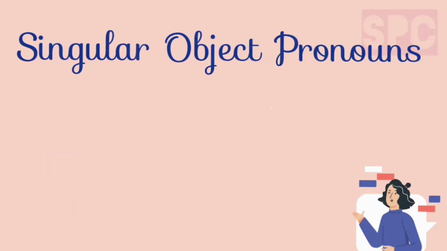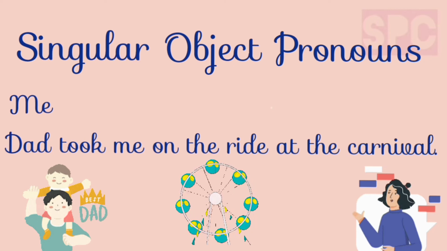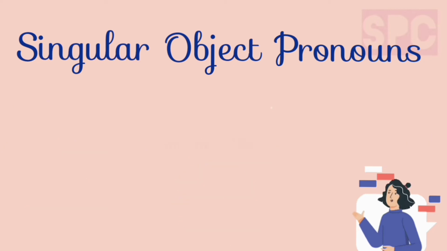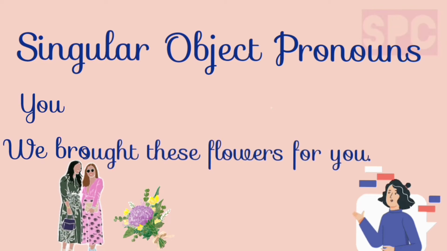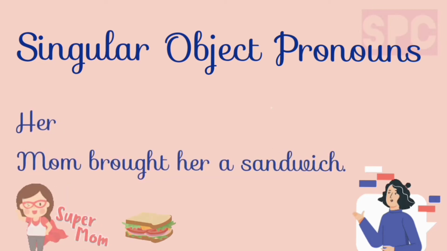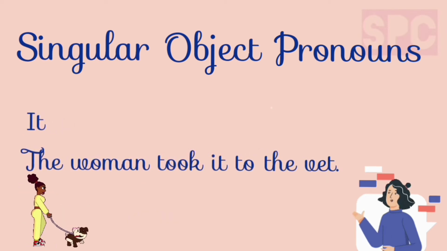Singular object pronouns: me. Dad took me on the ride at the carnival. You. We brought these flowers for you. Him. The baker gave him a cookie. Her. Mom brought her a sandwich. It. The woman took it to the vet.